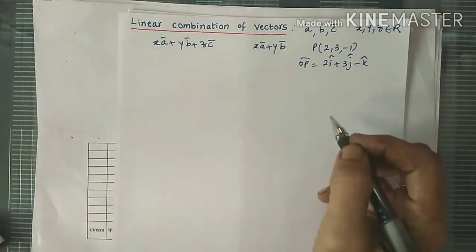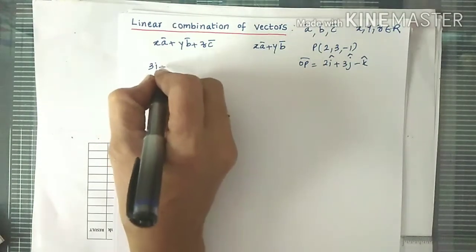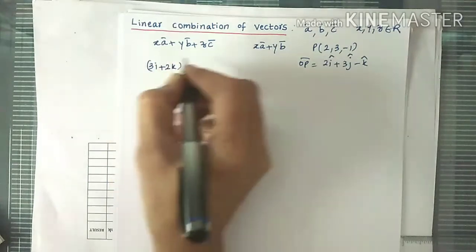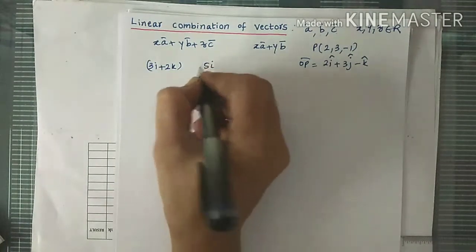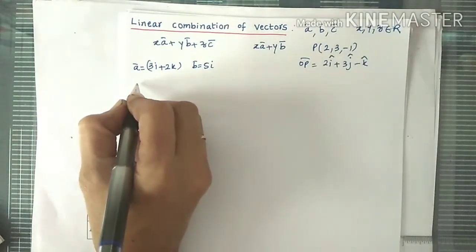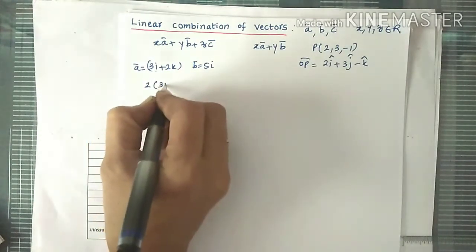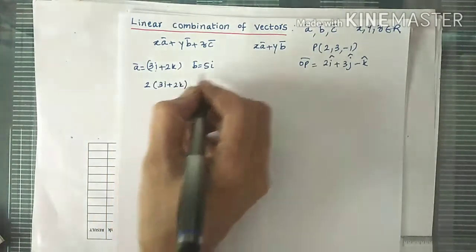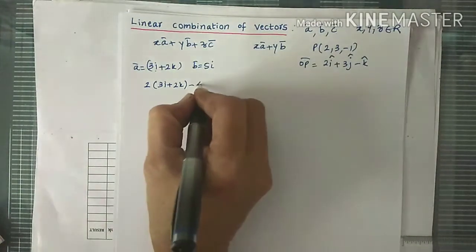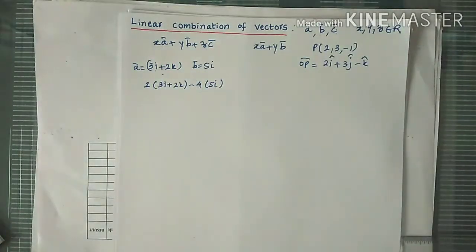If we have some vector, say 3i plus 2k, and another vector, say 5i, then their linear combination is, say, 2 into (3i plus 2k) plus minus 4 into 5i. This is a linear combination of a bar and b bar. So this is a linear combination of the vectors.